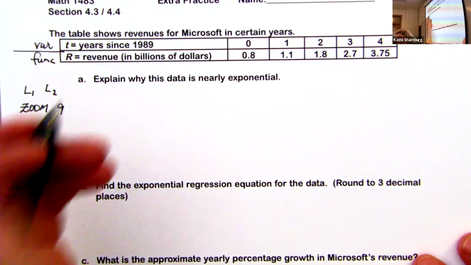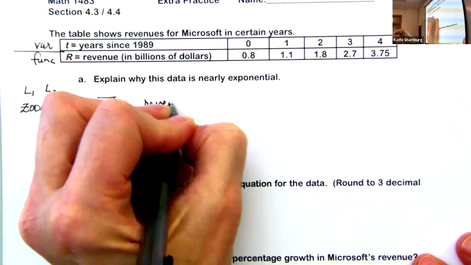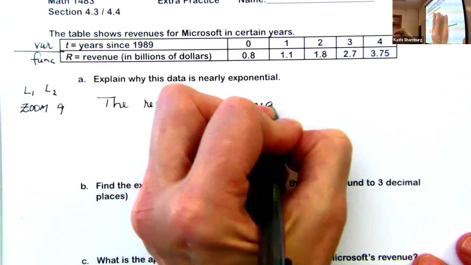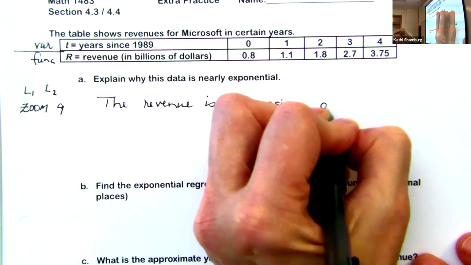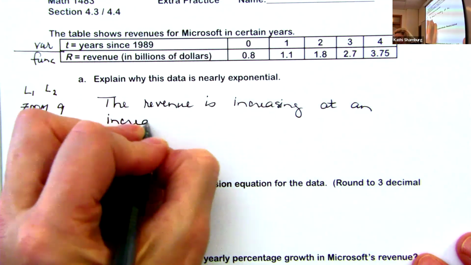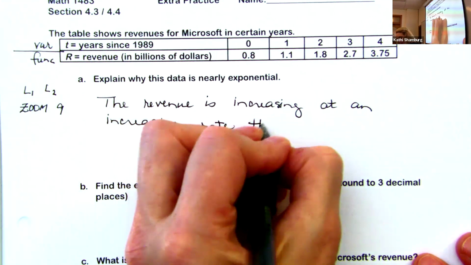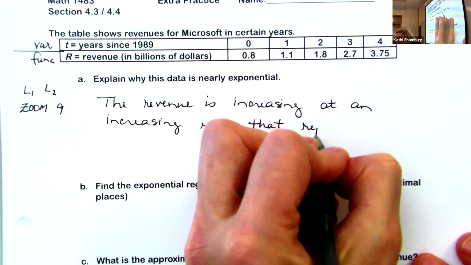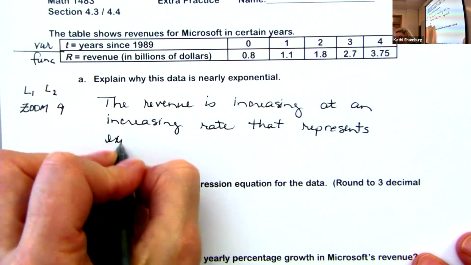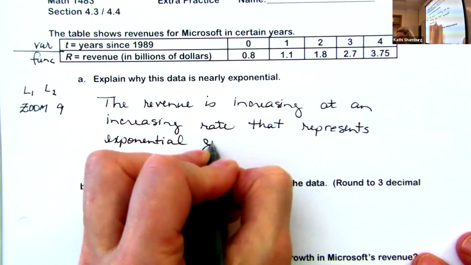The revenue. So the revenue is increasing at an increasing rate, that represents exponential growth.